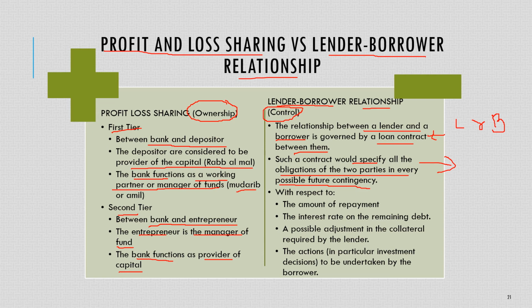Maksud dia, dua-dua parties kena clear apa obligation and everything have been agreed on the possible future contingency that happen in the future. And with respect to the amount of repayment, interest rate, possible adjustment, and the action to be undertaken by borrower. So everything have been included in their contract.